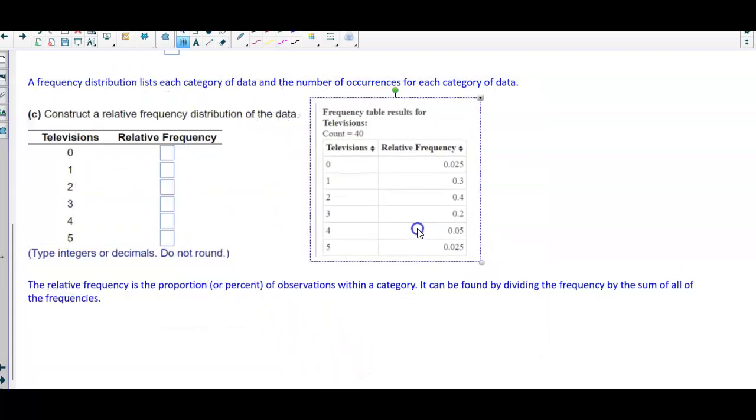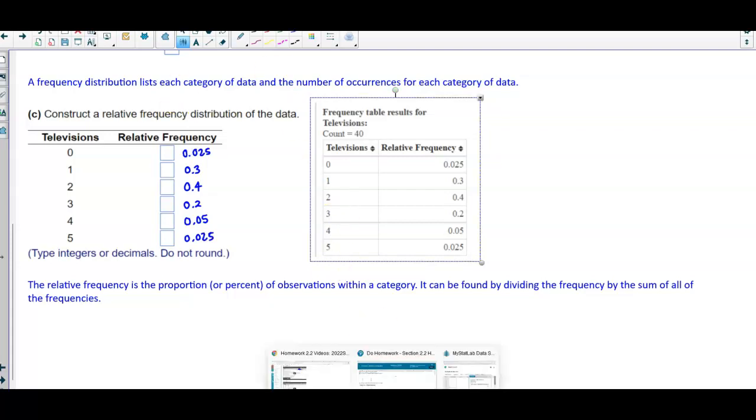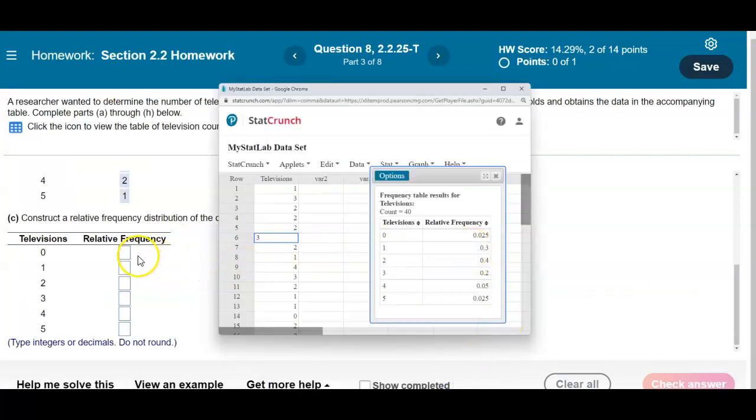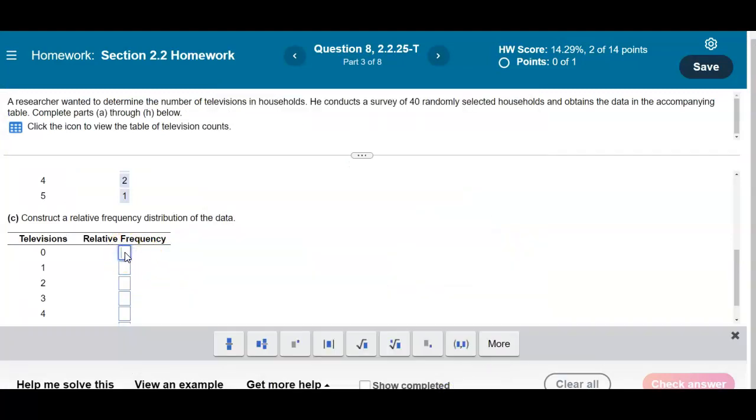You can see what we get. For 0, we have 0.025, 0.3 for 1, 0.4, 0.2, 0.05, and 0.025. So let's put our results into our question. 0.025 and 0.3.